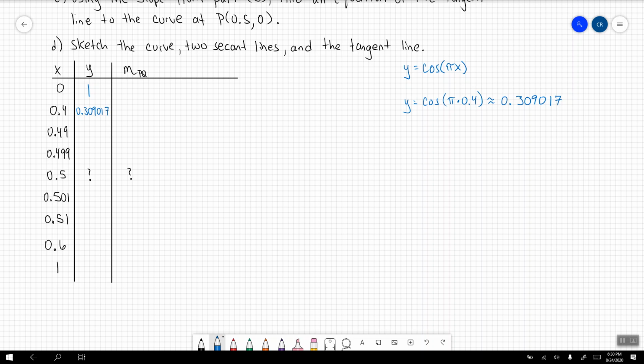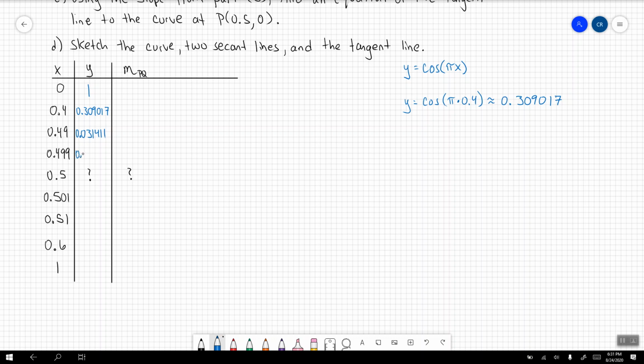Very nice. And we're going to keep doing this over and over and over again with these different values. So when you make the substitution for the next one, you should get 0.031411.